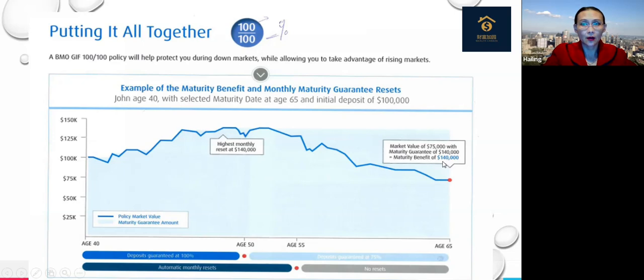He can still get 140,000, because we put this money with the insurance company, and the insurance company will top up the difference. So they will compensate you. The principal guarantee will be 140,000. So that will help the client to have security and safety in their heart, right?